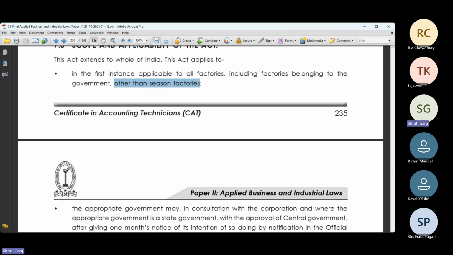You may write also. Right, Tejasni: seasonal factories deal with seasonal produce.